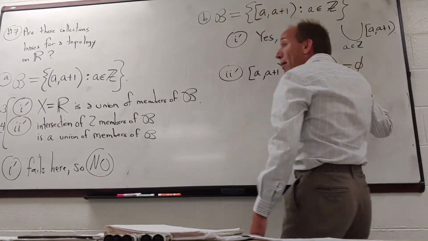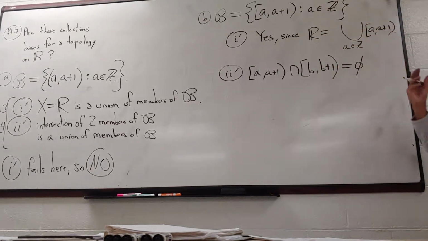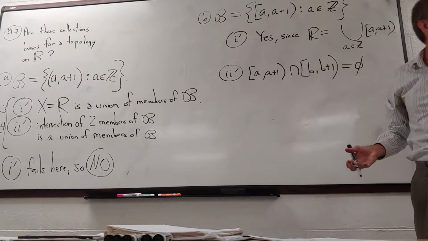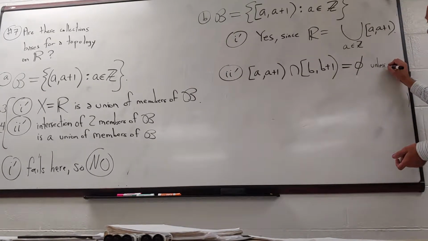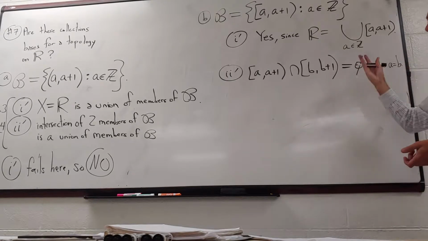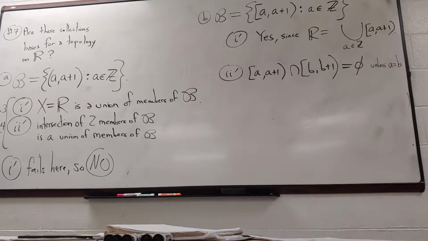Now the empty set counts as an empty union of members of B. Empty union just means you didn't union anything, so you have nothing, right? Unless A equals B. And of course, if A equals B, then that intersection is itself one of the sets in B, because it's where you started from. So that's also true, so the answer here is yes.